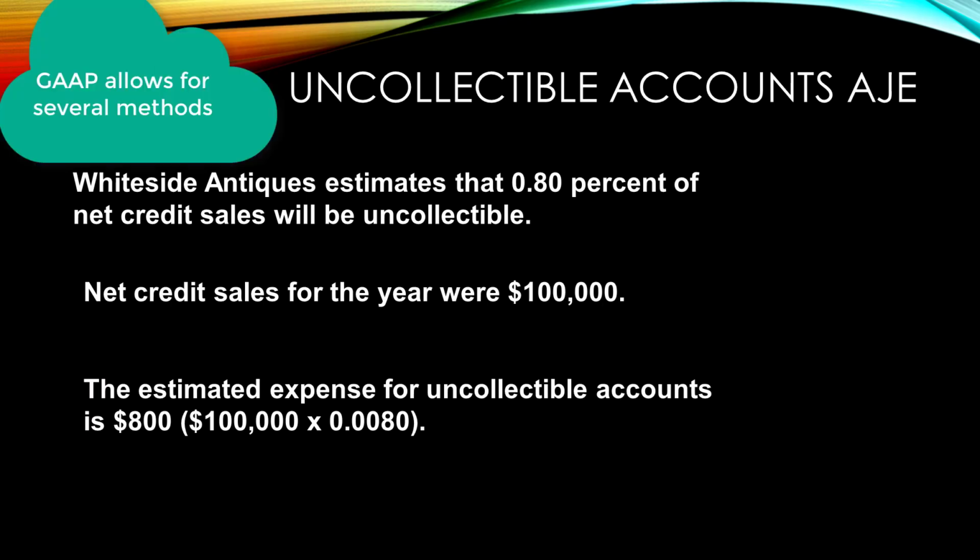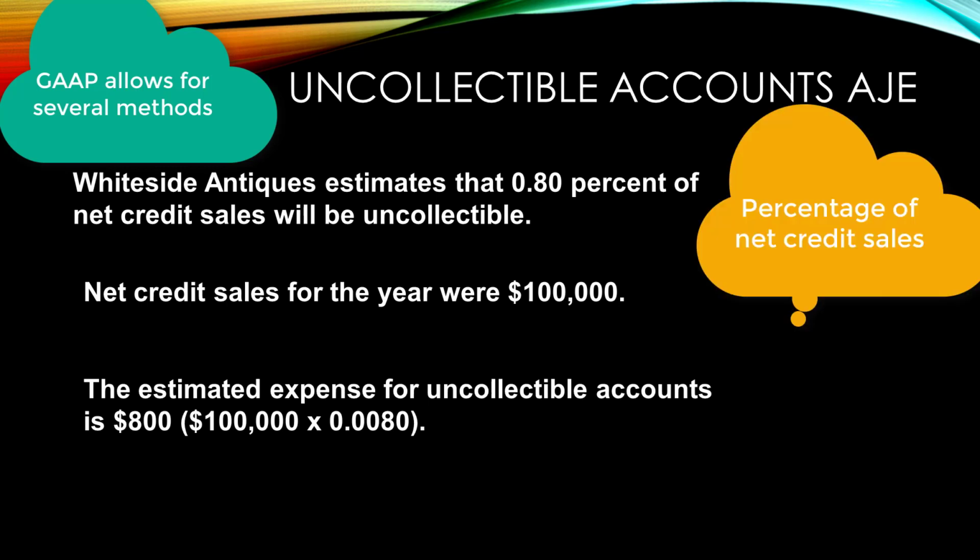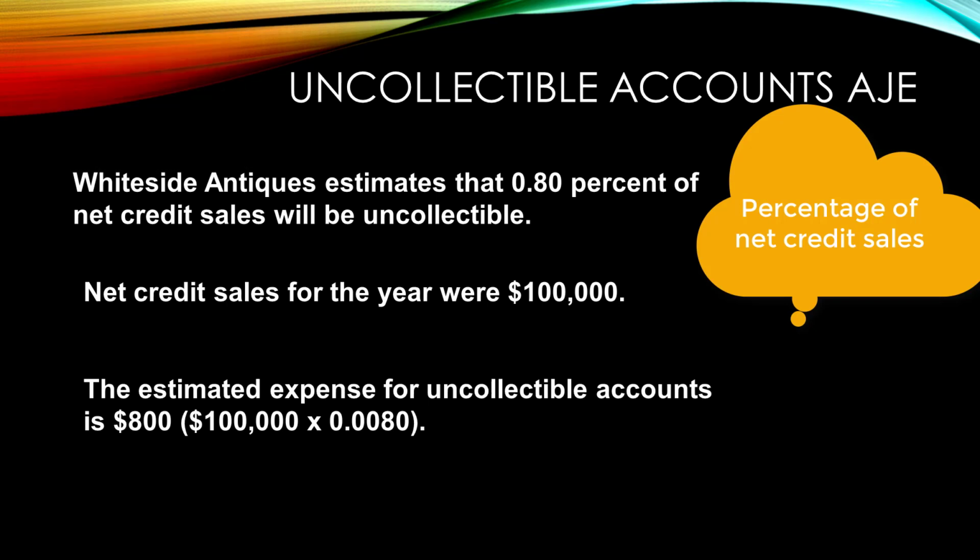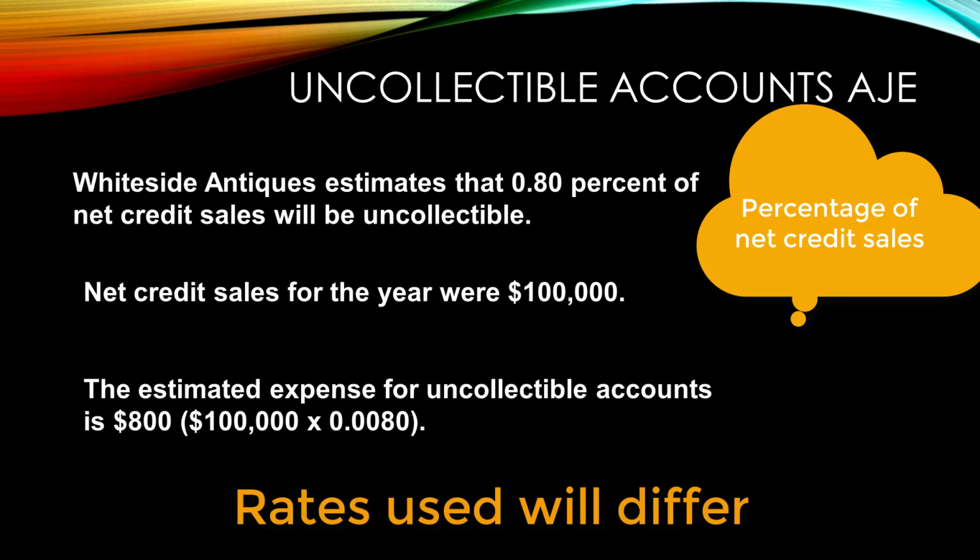In this case, we will use the easiest one, called the percentage of net credit sales method. The rate used is based on the company's past experience, along with management's assessment of current business conditions.